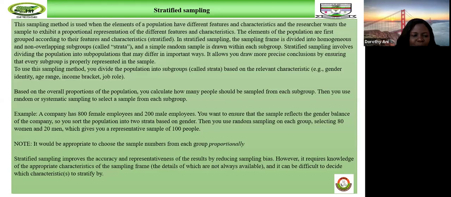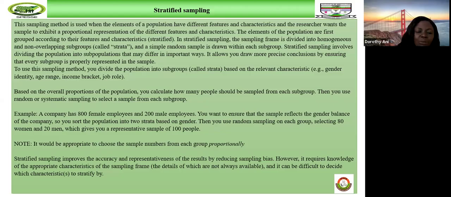Example, a company has 800 female employees and 200 male employees. You want to ensure that the sample reflects the gender balance of the company. So you sort the population into two strata based on gender. Then you use simple random sampling on each group, selecting 80 women and 20 men.